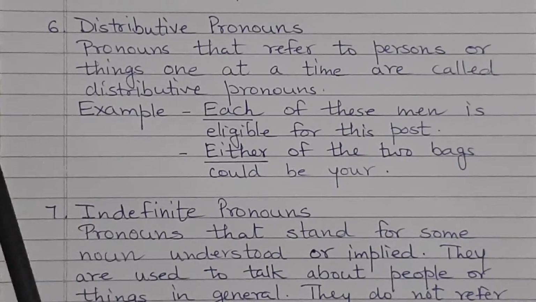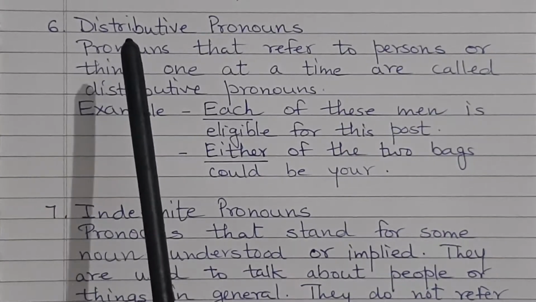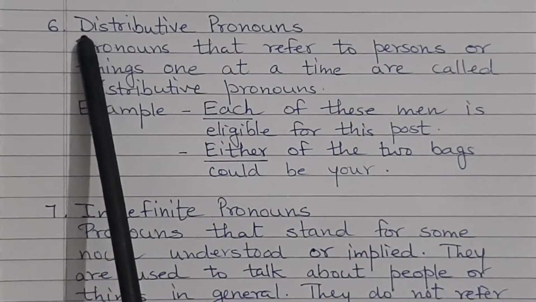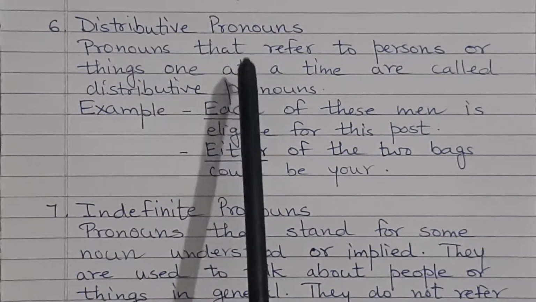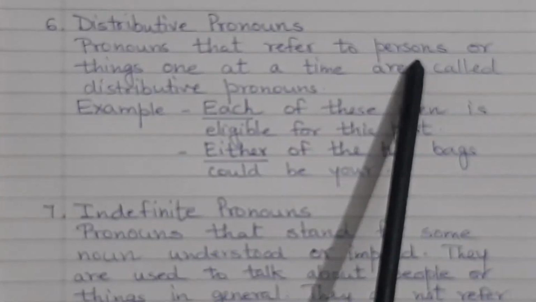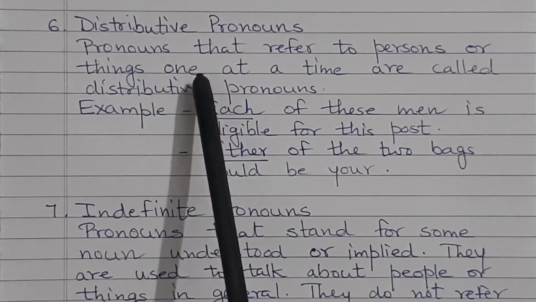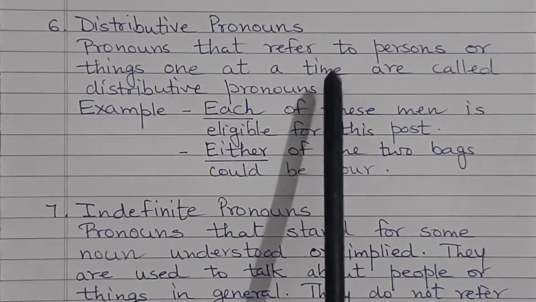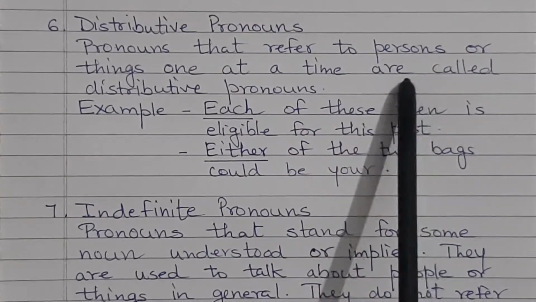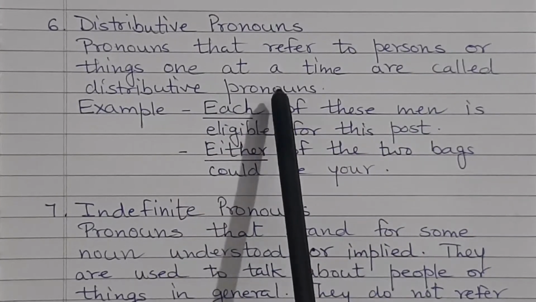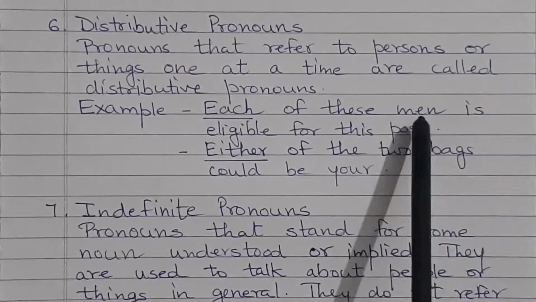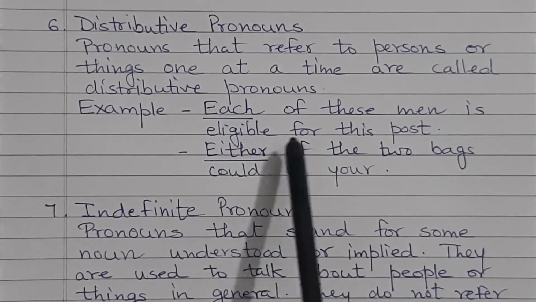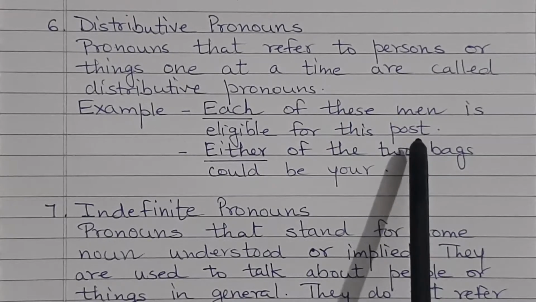So after reflexive and emphatic pronouns, number 6 is distributive pronouns. Pronouns that refer to persons or things one at a time are called distributive pronouns. For example, each of these men is eligible for this post.